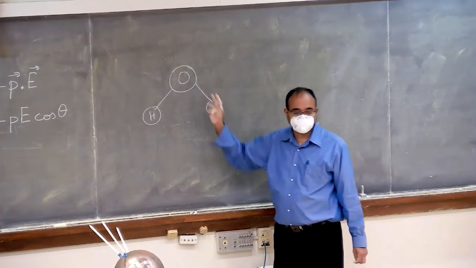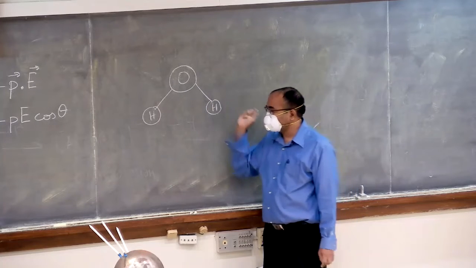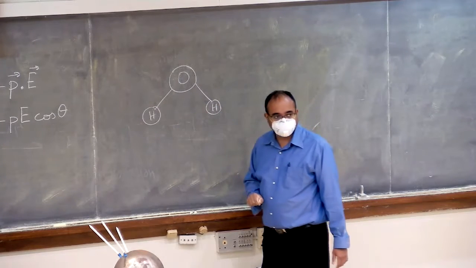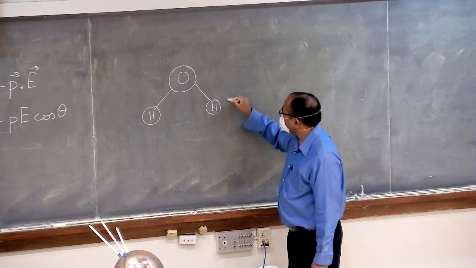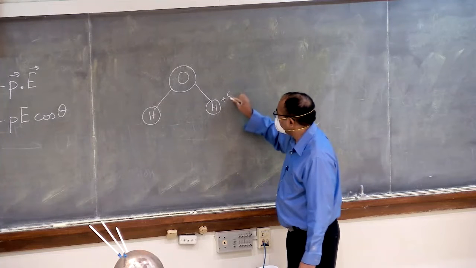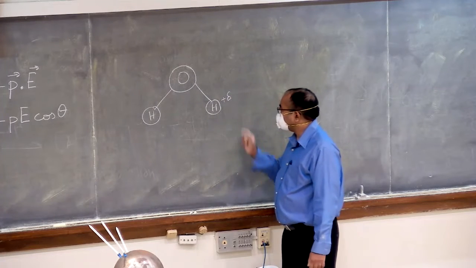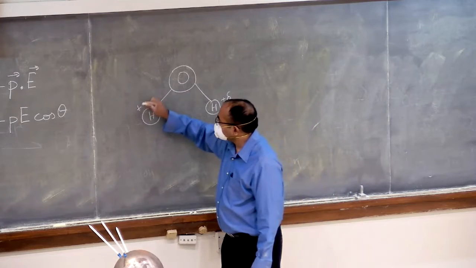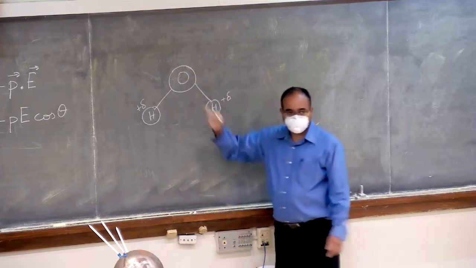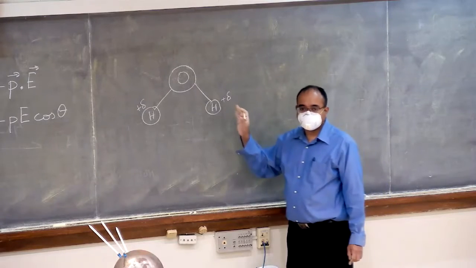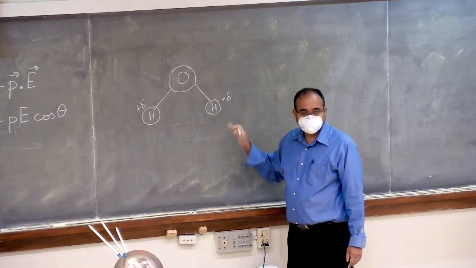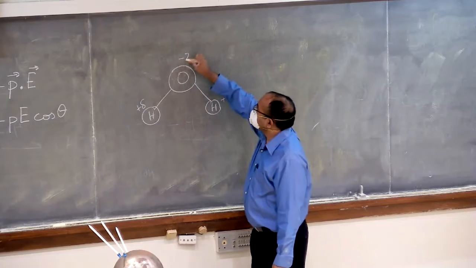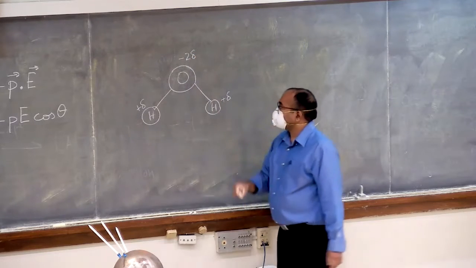In fact, they're polar covalent bonds. The electron is not shared equally, but spends a bit more time near the oxygen and a little less time near the hydrogen. And so the hydrogen has an effective small charge plus delta over here. It's not an ionic bond, so it doesn't completely rob the electron from the hydrogen, but the electron spends less time near the hydrogen, so it's effectively a little bit positive. Same thing over here, and the oxygen is a little bit more negative.